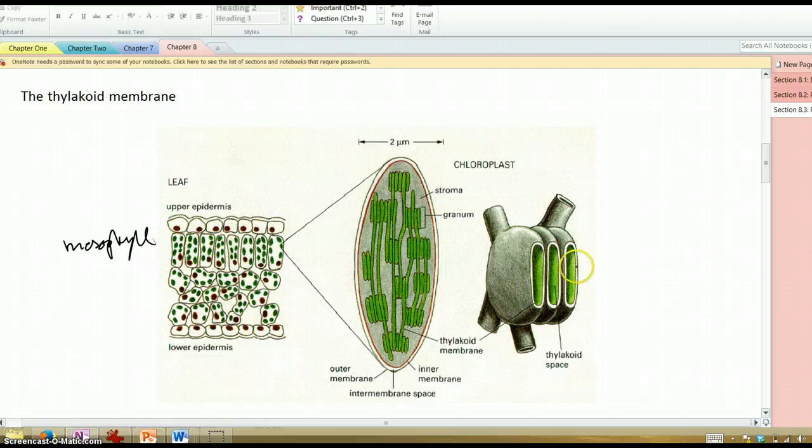And so these light-dependent reactions happen on the thylakoid membrane. And so when you have lots of that membrane, you have lots of space, lots of surface area over which this reaction can occur.